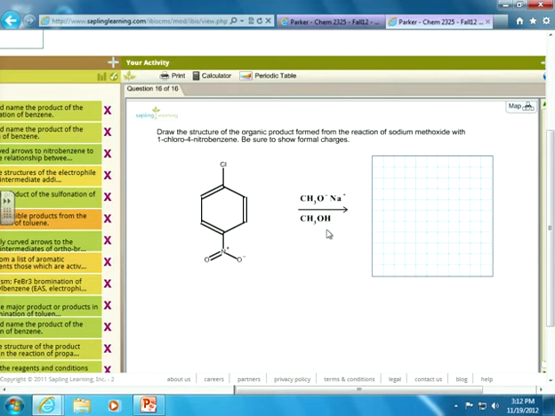And based on what's over the arrow, what do you think will replace it? OCH3. So basically where your chlorine is, you put your OCH3. Now if you put that and you're wondering why you still missed it, it's because you have to put your NO2 group exactly like this. You have to show your formal charges, and you can't just put NO2, you have to actually draw it out like that. Because it says here, just show your formal charges.